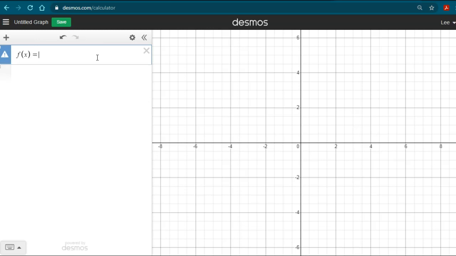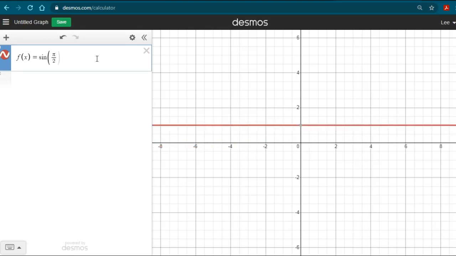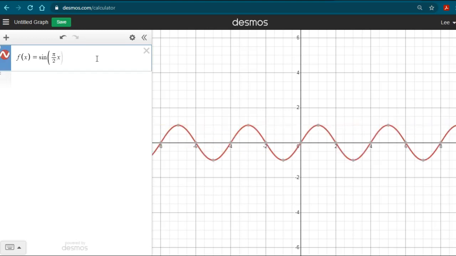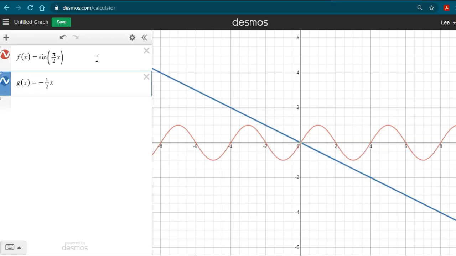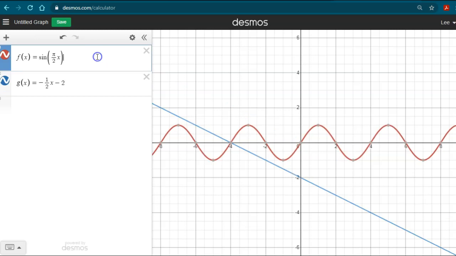So f of x is sine of pi over 2 times x. I'm going to do g of x is negative 1/2 x minus 2. And if you want to restrict the range, this isn't strictly necessary, but you can put these in brackets and restrict it to just the part you're looking at.